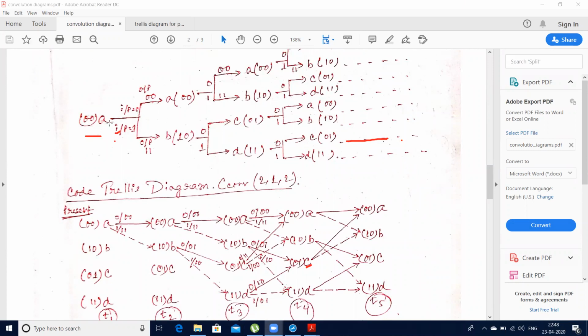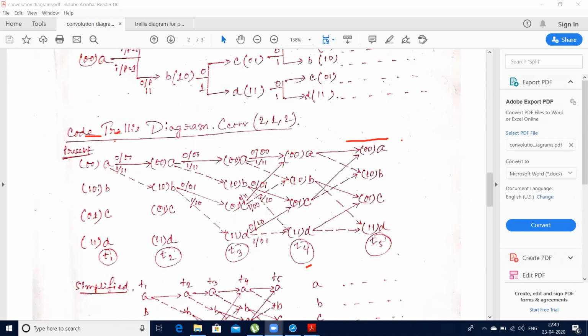Here the possible state transitions, when I'm considering the present initial state as 0 0, are A and B. For 0 input, it will be A, and when I'm giving 1 as the input, the present state 0 0 will be transmitted to the next state B, which is 1 0. In this way, I've written this as ABCD and this is also ABCD. So if this is my initial state A and I'm giving 0 as input, it will be transmitted to A as the next state.